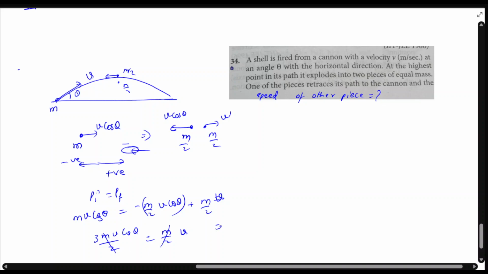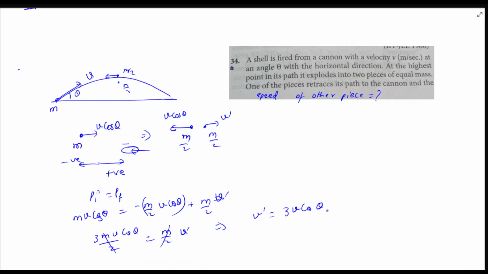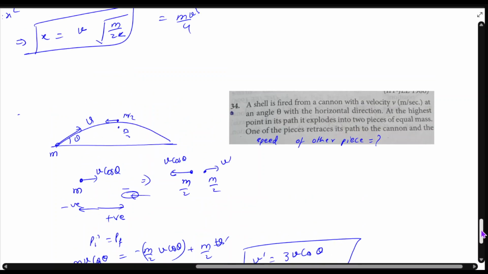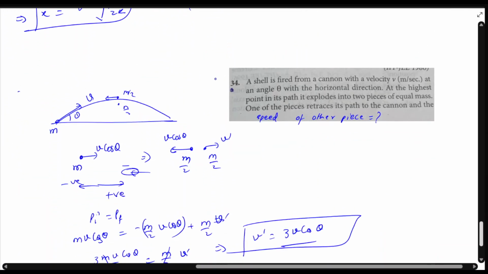M by 2 gets cancelled, so v dash will be 3 v cos theta. So it was option A. Again, quite an easy question. Let's move on, this was our 12th.